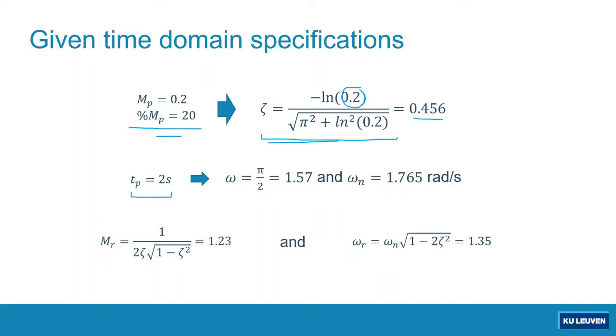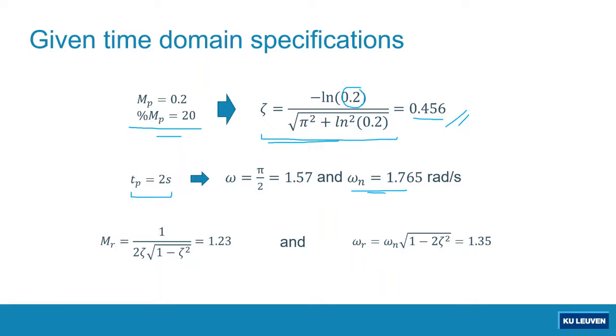Again, from one of the formulas that we discussed before, peak time is characterized by zeta and omega n. You can refer again to the formula, and since we have already identified zeta, we can identify omega n easily.